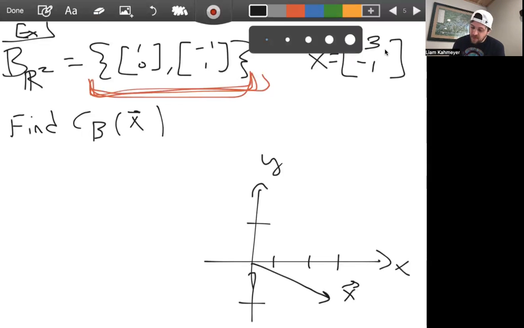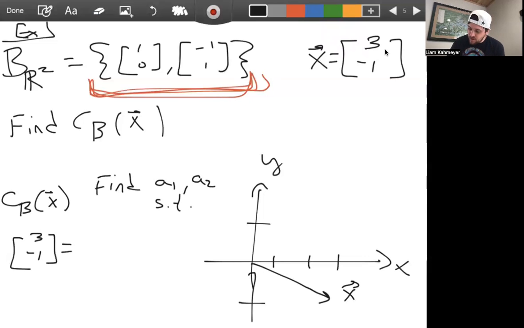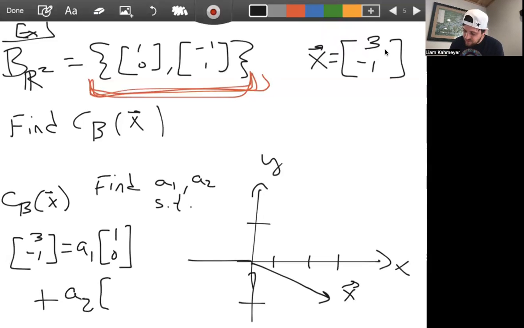To find C_B of X, we need to find a1 and a2 such that (3, -1) is equal to a1 times the first basis element plus, I'm going to come down here for more room to keep room for the graph there, plus a2 of the second basis element, (-1, 1), right?